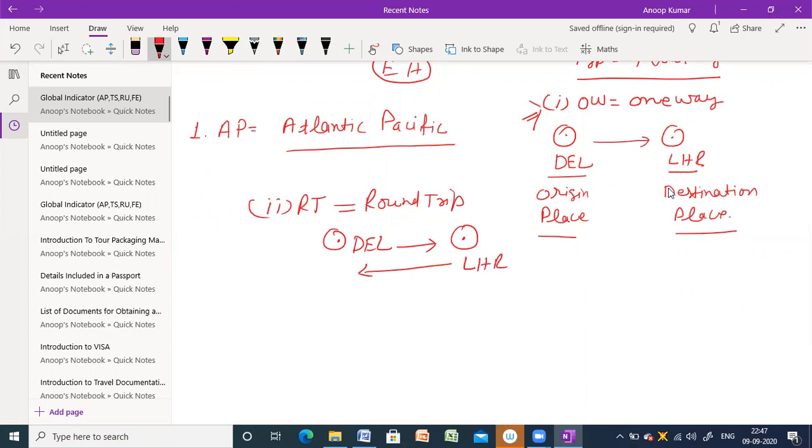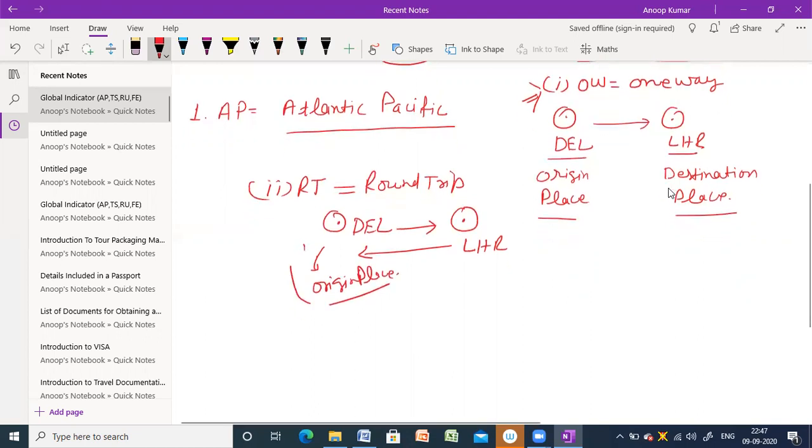So you are reaching back to the origin place. In that case we call that journey a RT or round trip.